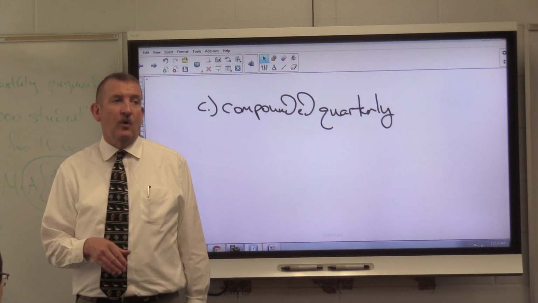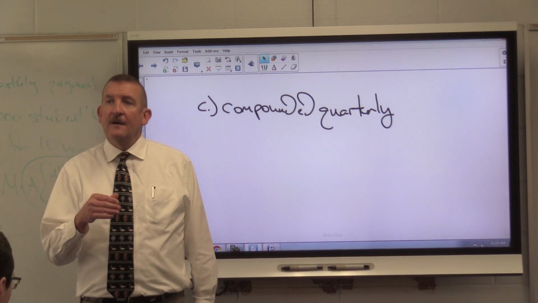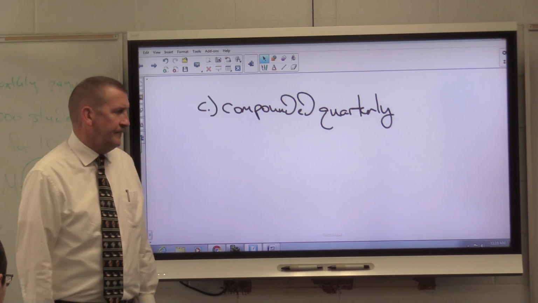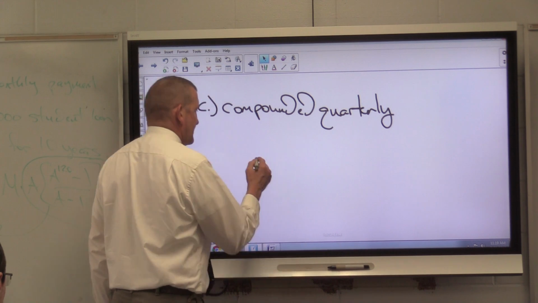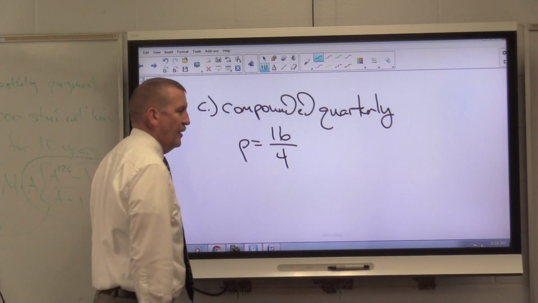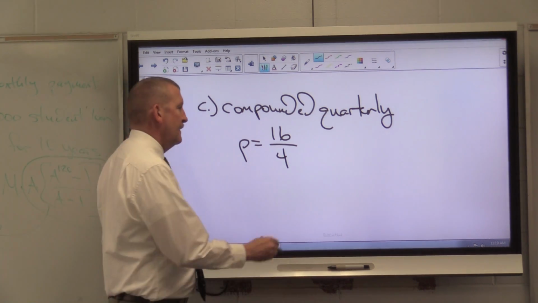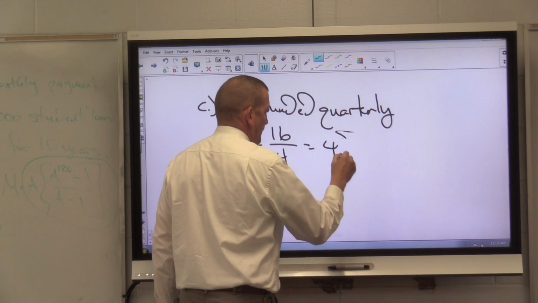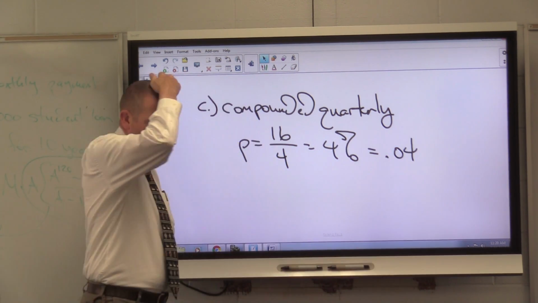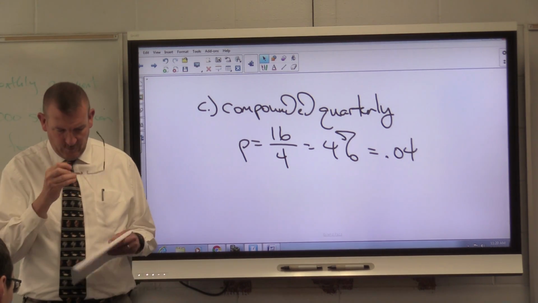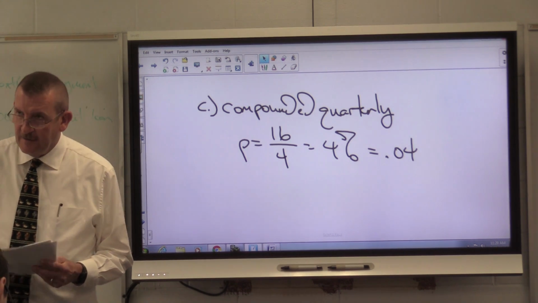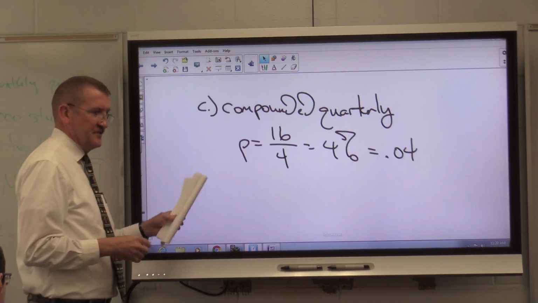And the government lives off of quarterly budgets. Well, if this was a 16% APR compounded quarterly, then the periodic interest rate would be 4%, or 0.04.